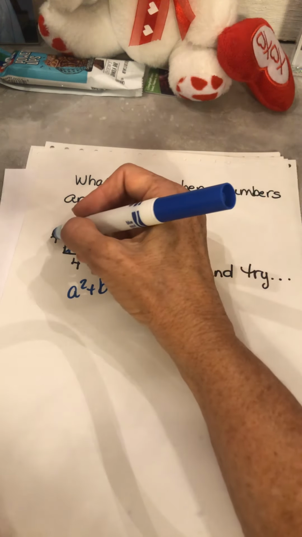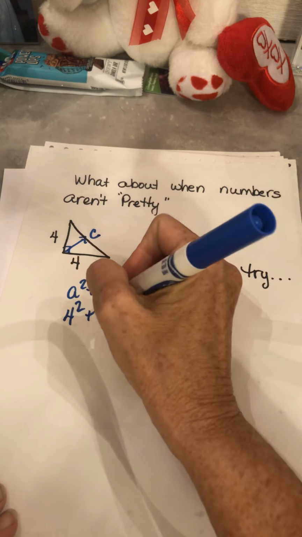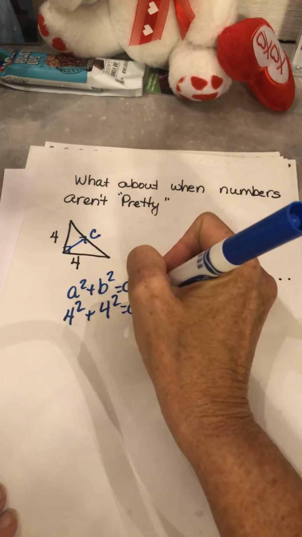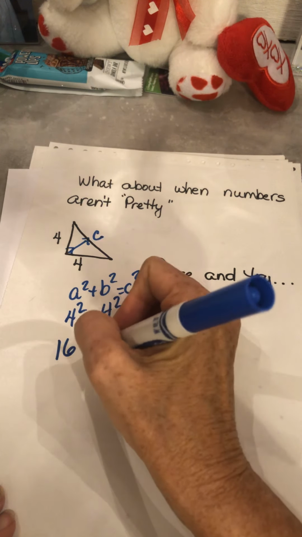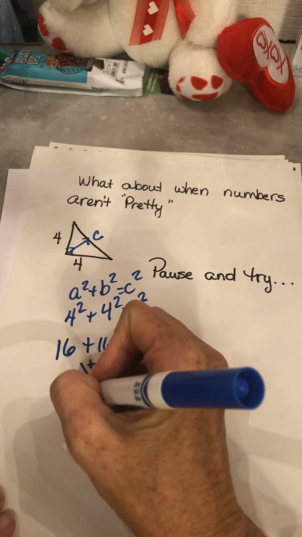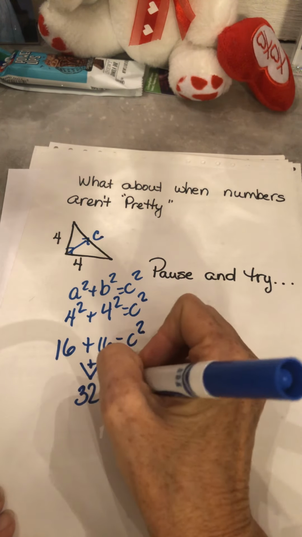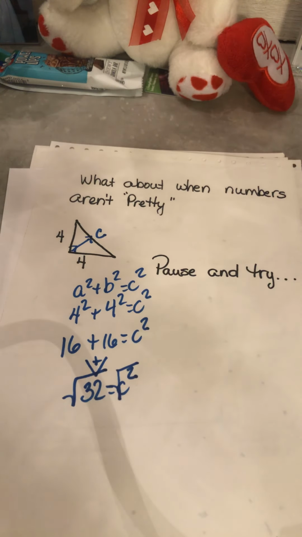Okay, so 4 would go here, 4 would go here. Well, I know 4 squared is 4 times 4, which is 16. This is the same, so it's going to be the same. Add these two up. I know I need the square root of 32. Well, wait a minute.